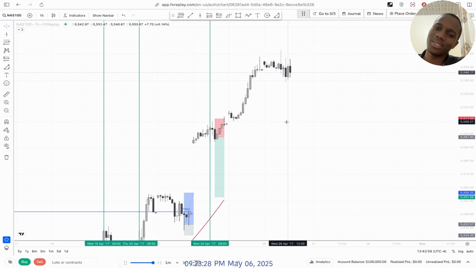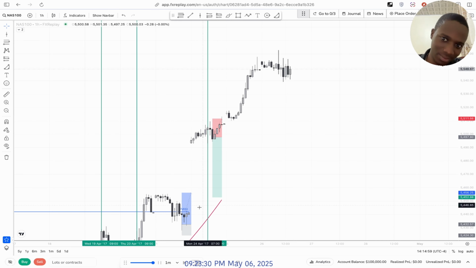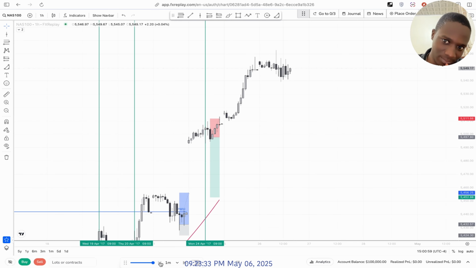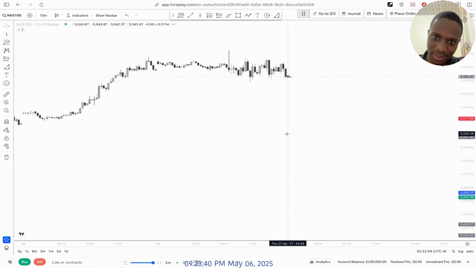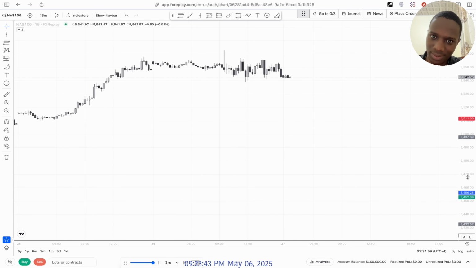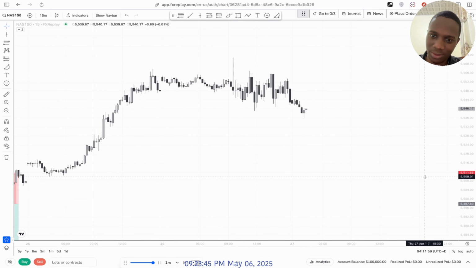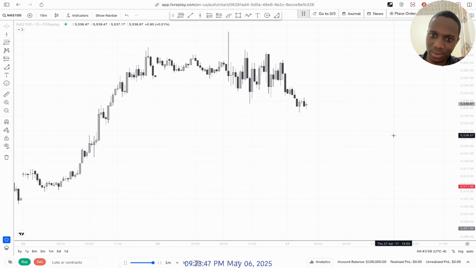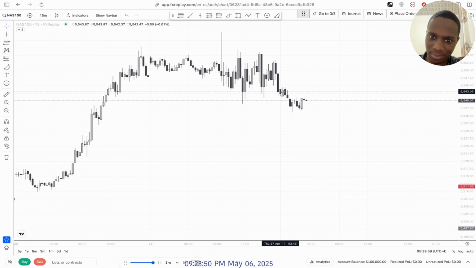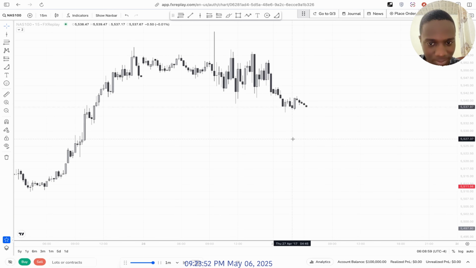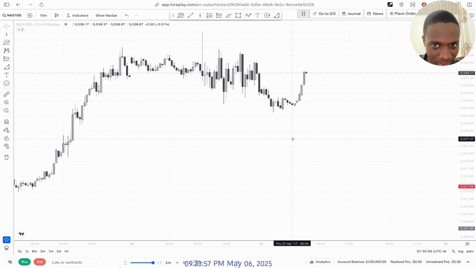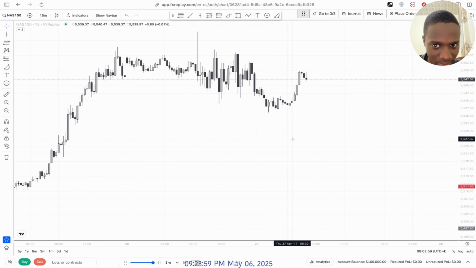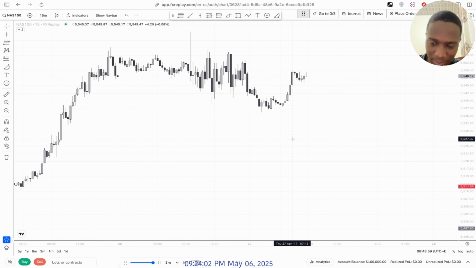Wednesday is trying to become indecisive now. Consolidating. How about we get a total swap here? Wouldn't be a bad one, would it? Fair value gap. Retest.